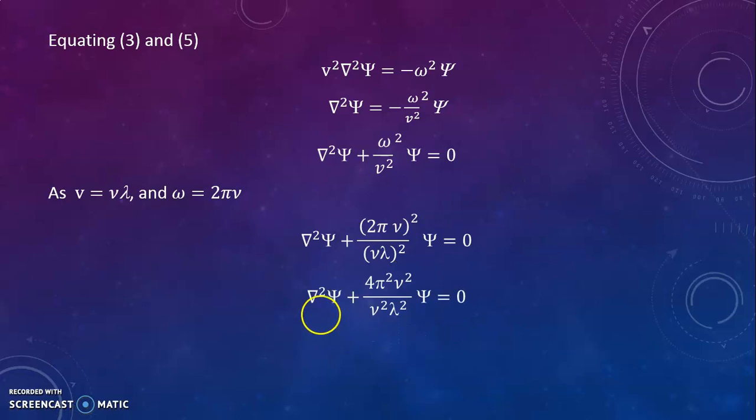So it gives del square psi plus 4 pi square nu square upon nu square lambda square into psi, which is equal to 0. These nu and nu square, both nu square we can cancel. So the remaining equation is del square psi plus 4 pi square upon lambda square into psi, which is equal to 0.